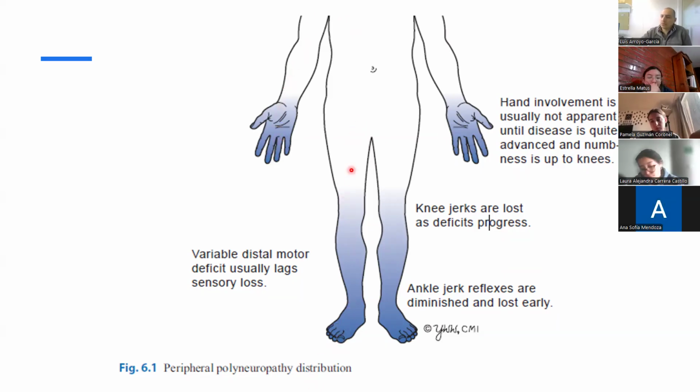We have all the way of the legs. The axons go from here until here to the spinal cord, and then from here to here. So it's not that long in the hands, but it affects that.